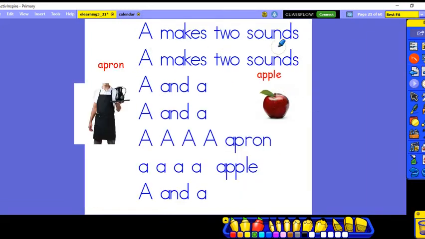A makes two sounds, A and I, A, apron, apple. So that's a little song you can remember the two sounds that A makes. Short A like apple and long A like apron when it says its name, apron.